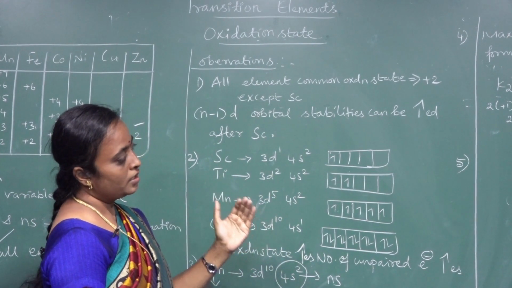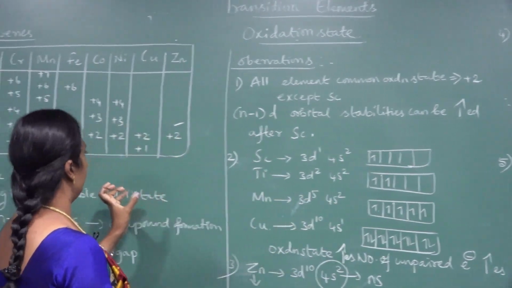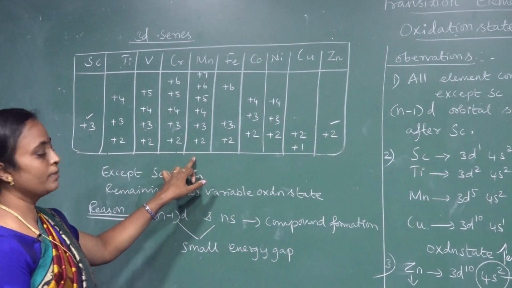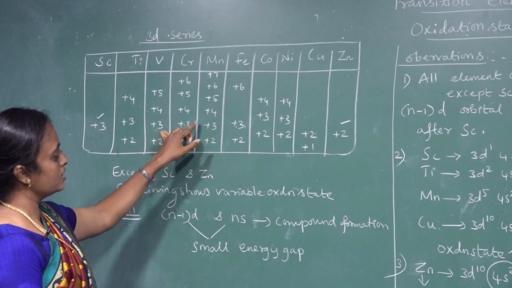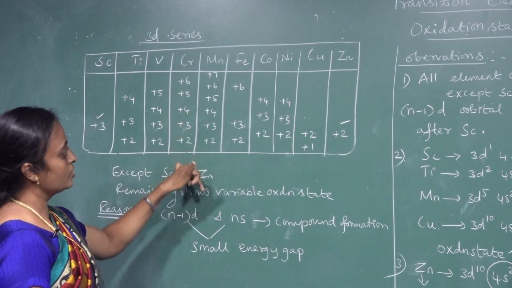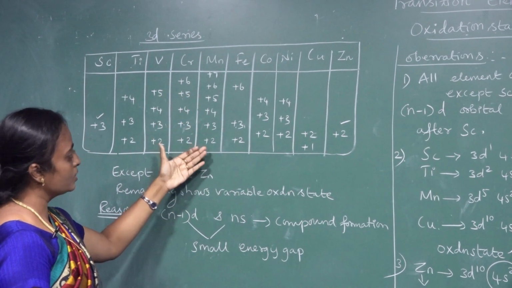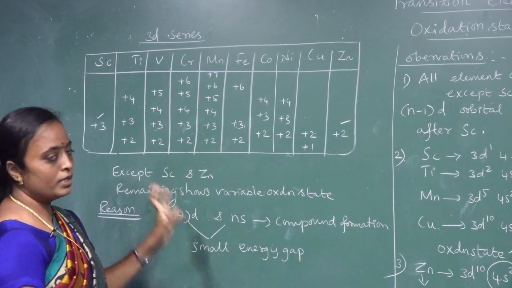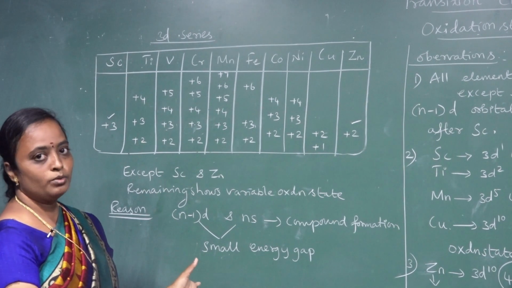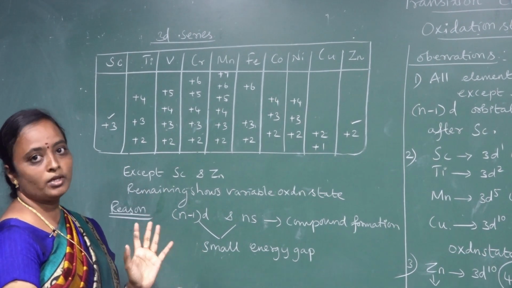So next, if I am taking the middle element, the middle element is manganese. So manganese shows increased oxidation states, where we will expect +2 to +7, where I can remove all the electrons, okay. So how is it possible? I can explain with the number of d electrons available.